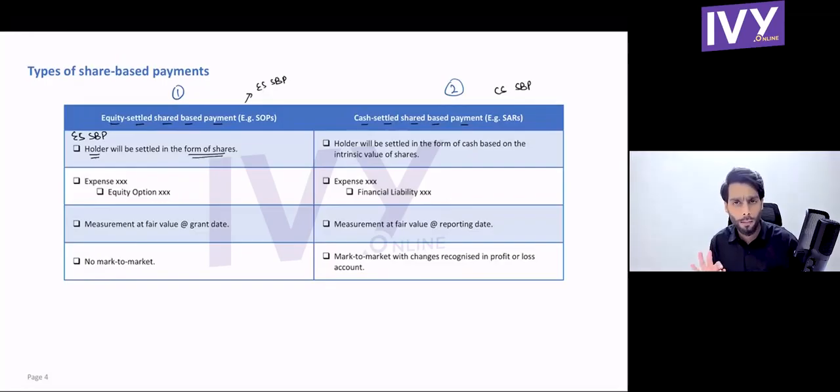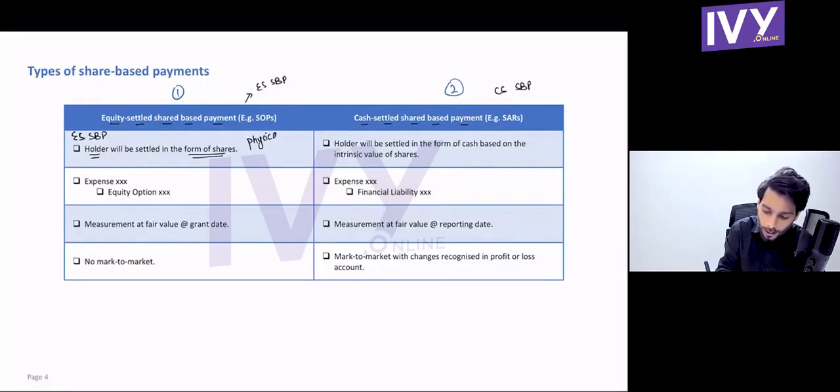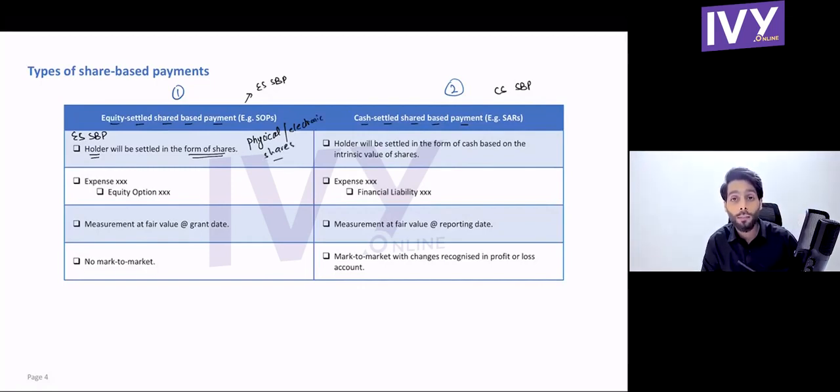Any share-based payment transaction in which the holder is promised that in exchange of goods or services we will pay you in the form of physical, by physical I mean it can be electronic as well, obviously, I mean you will be paid in the form of shares, this type of share-based payment is known as equity settled share-based payment.